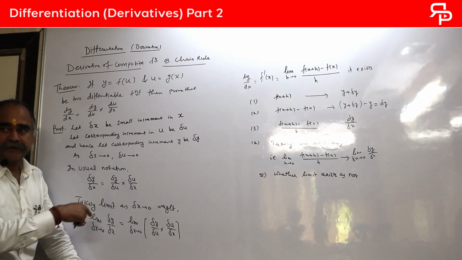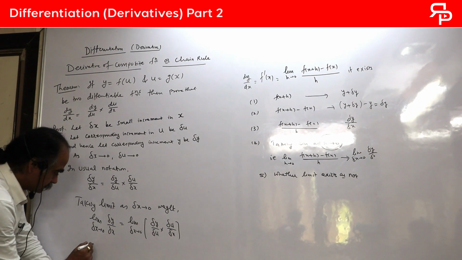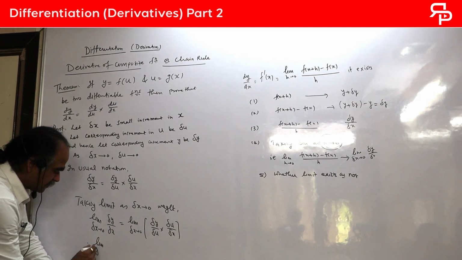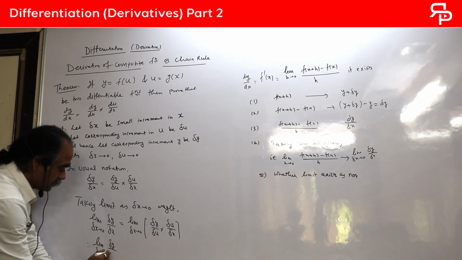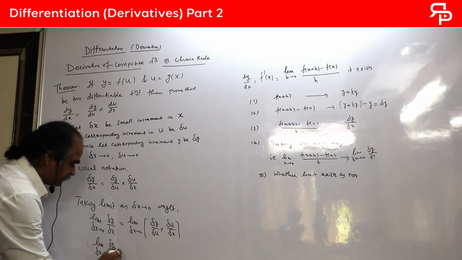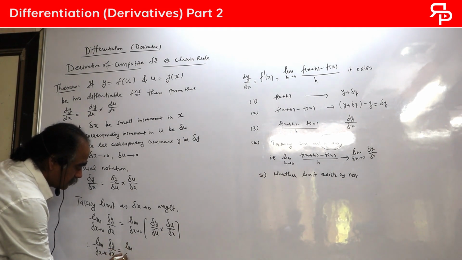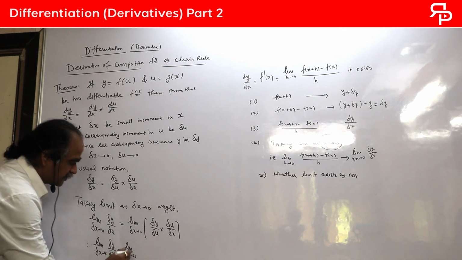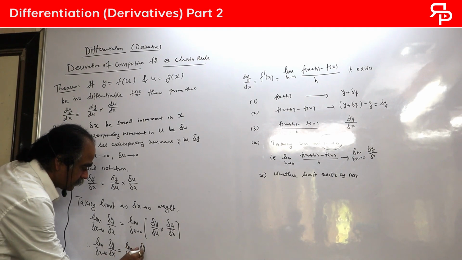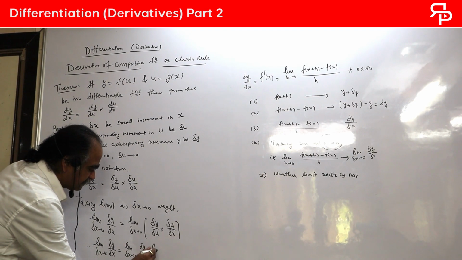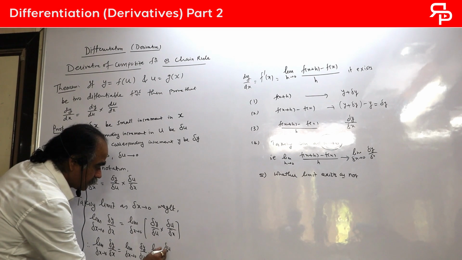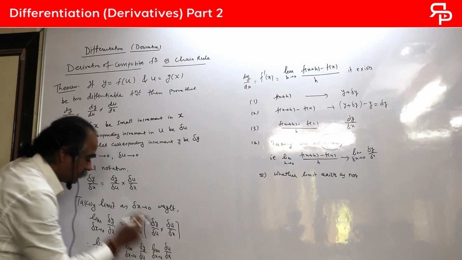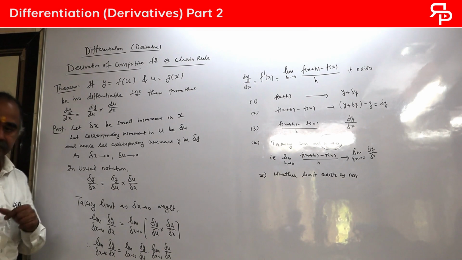Now next step is separating of limit. Limit delta x tends to 0, delta y by delta x is equal to limit delta x tends to 0, delta y by delta u into limit delta x tends to 0, delta u by delta x.